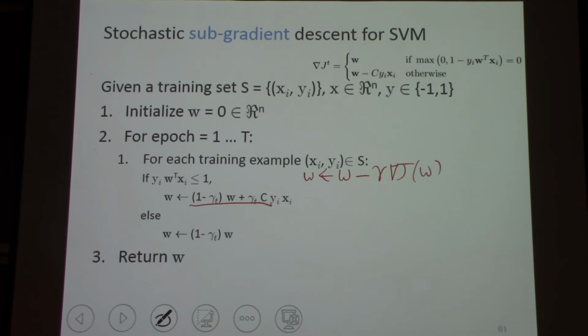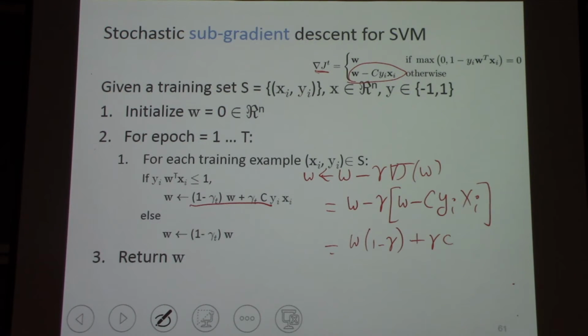But the gradient is, I just took this part. And that's really W times 1 minus gamma plus gamma C.